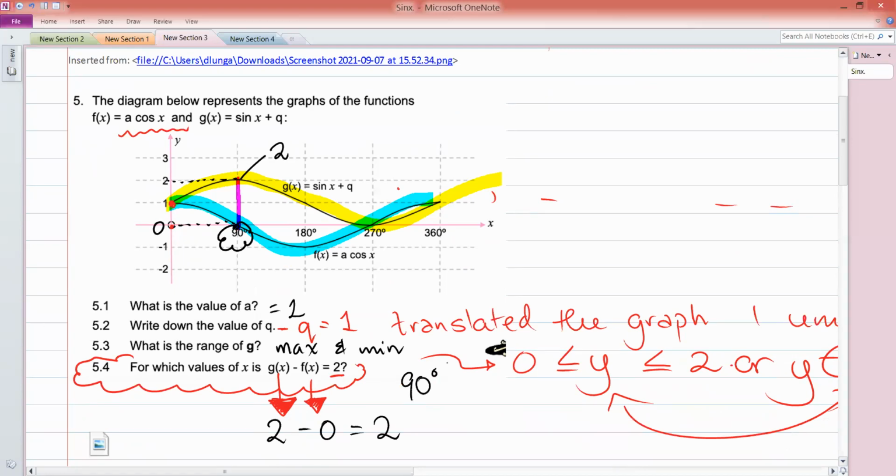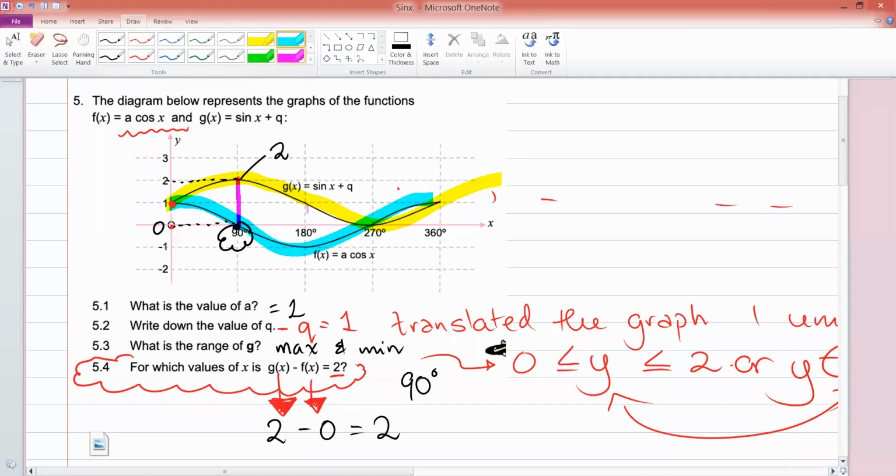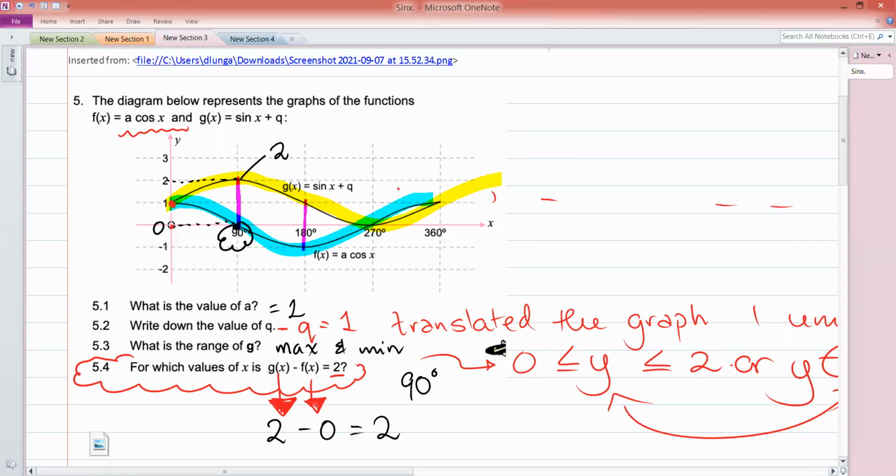Now, is there another point along these two graphs where you're going to get a difference of 2 between them? 180 degrees, ma'am. Brilliant. Well done, Afif. So at this point here, I'm going to highlight it for you. How did we get that?